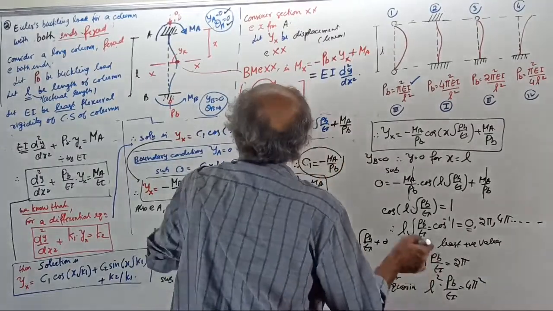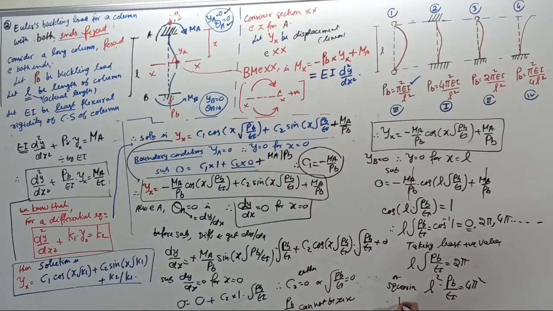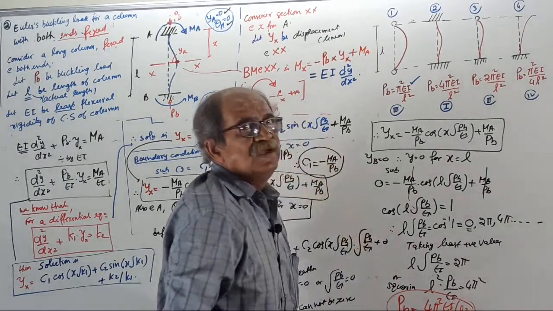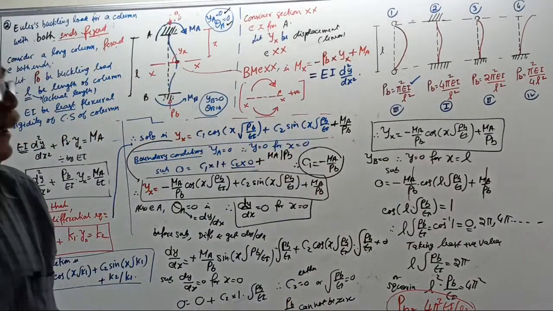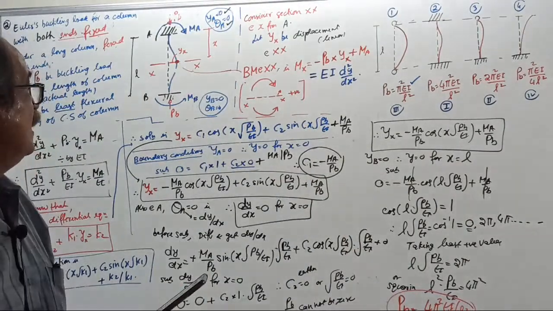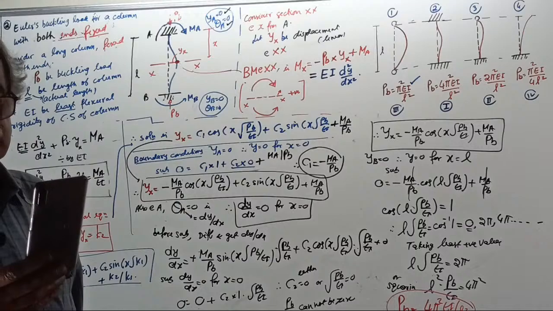Therefore, when the column is fixed at both ends, the buckling load PB equal to, not last time's pi square EI by L square, 4 pi square EI by L square is the answer when the column is fixed at both ends. Clear or not? Tell me fast. So the answer is 4 pi square EI by L square.